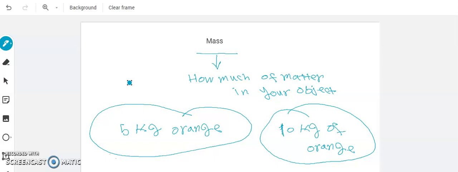So we are dealing here with a quantity, with amount. So the mass is an amount of matter in this object.